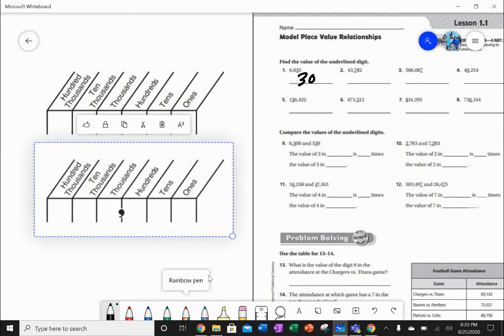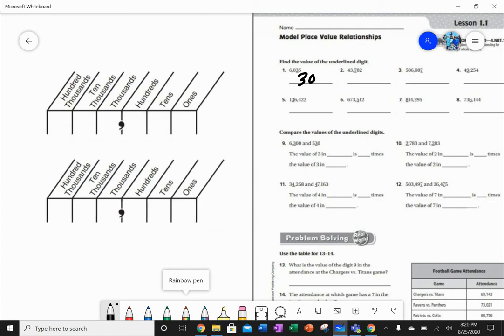Okay, so I'm going to start with the first one, which is 6,300. So I know that I have 0 ones in that number, 0 tens, I have 300s and 6,000s. The next number is 530. I have 0 ones, 3 tens, and 500s. And now the digits that we are comparing are the 3s. So this one and this one.